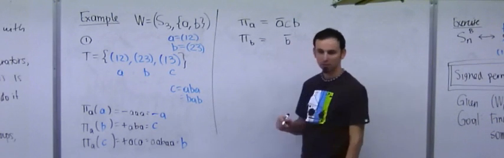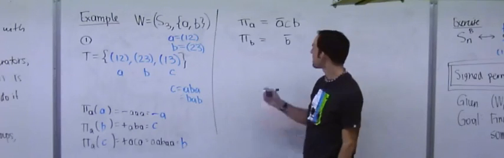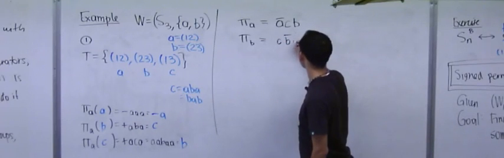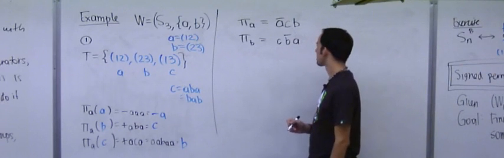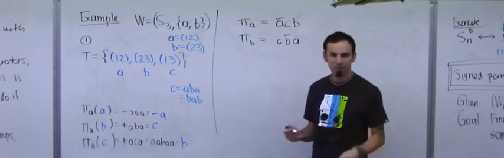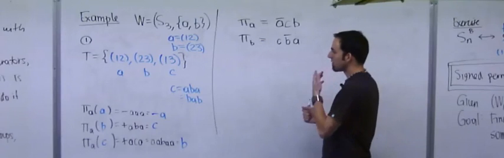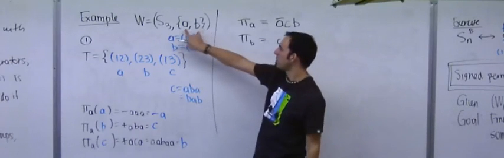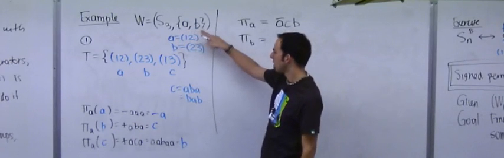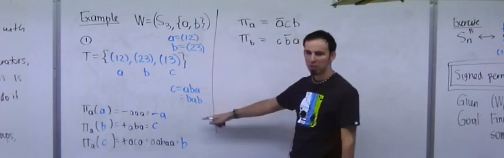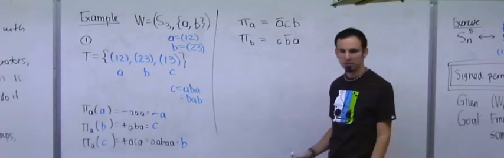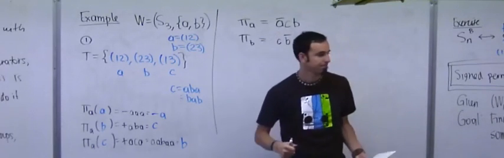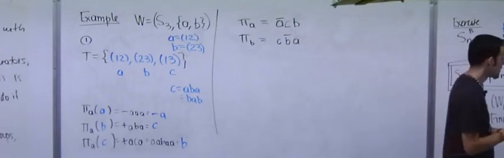BBB is B, BAB is C, BCB is A. Okay. So I just compute this, and that's what I get. So that's going to tell me that the images of A and B inside this hyperoctahedral group is A is going to go to this sign permutation, B is going to go to this sign permutation. That's the first thing. Okay.